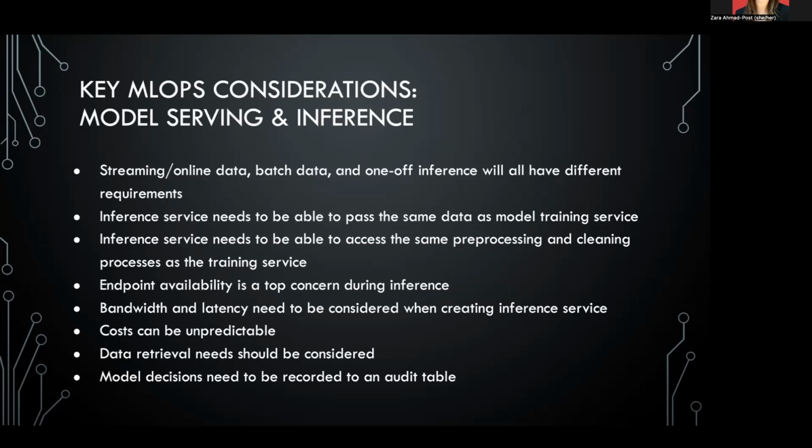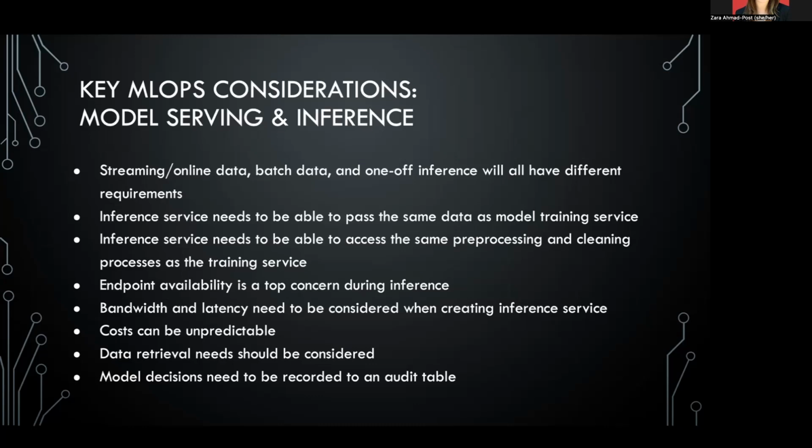And then your endpoint availability is going to be a top concern during inference. If your inferencing endpoint is not highly available, then there are a lot of implications, right? Either customers who are using your AI/ML service are not going to be able to get a result, or if you're doing some internal AI/ML, then your business stakeholders are not going to be able to get a result.